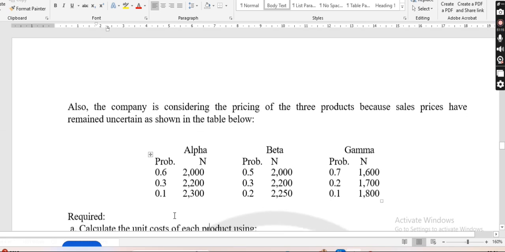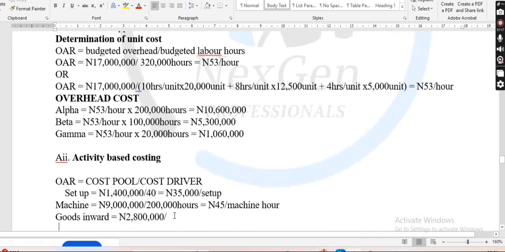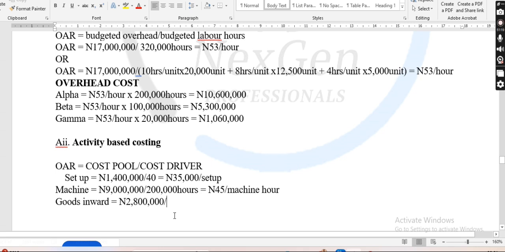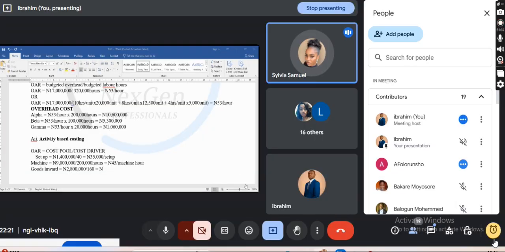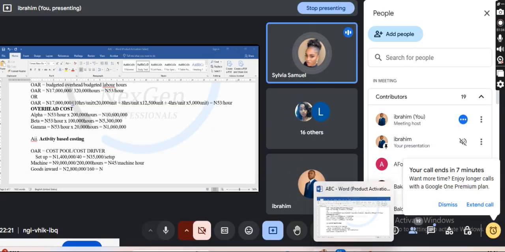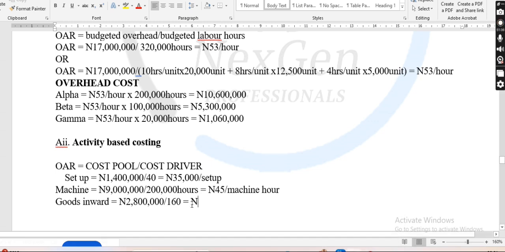So quickly, 160 divided by 160, what do we have? 1,500. Yeah. 17,500 per component.